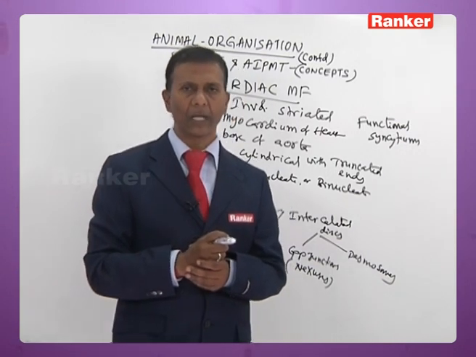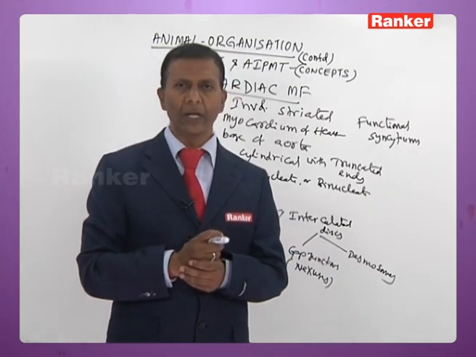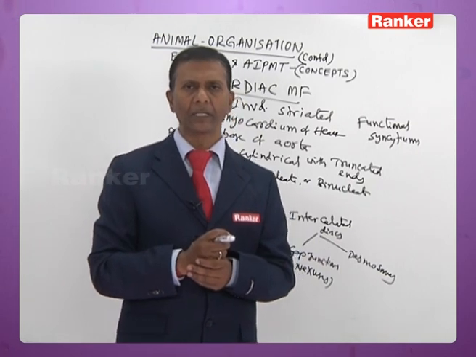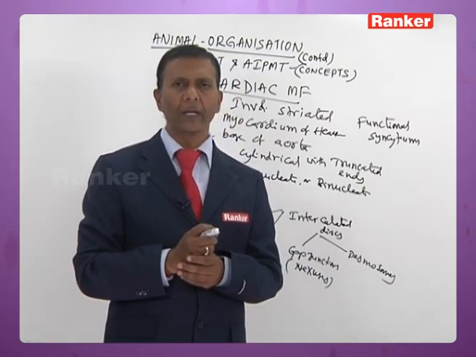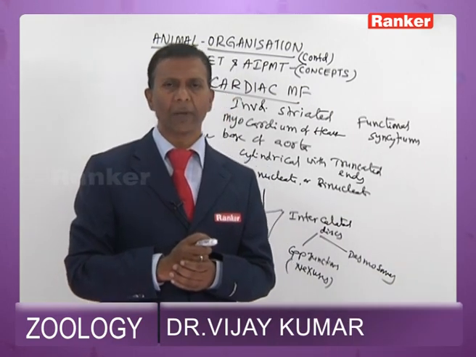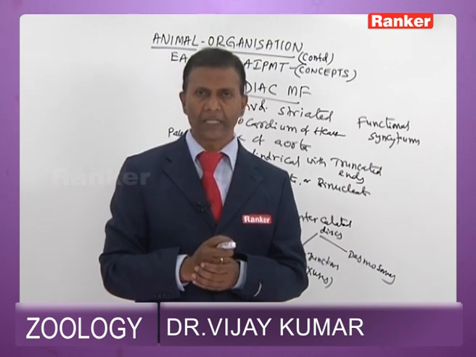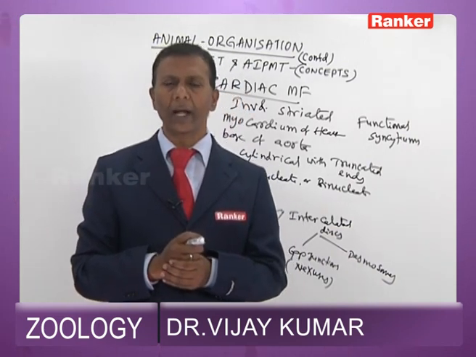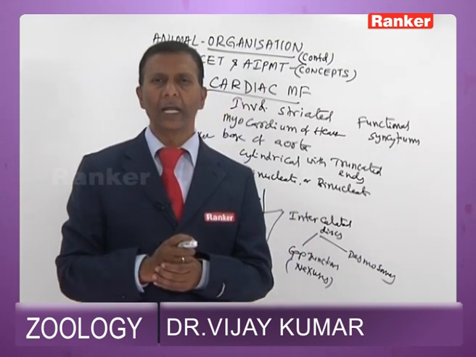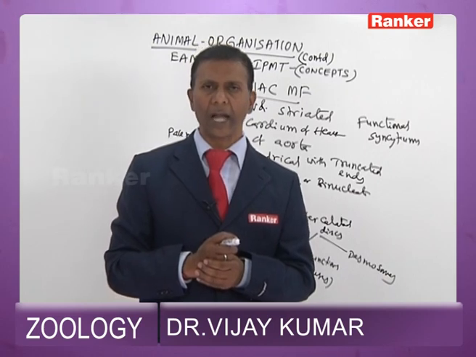The refractory period of cardiac muscle fibers is much longer than that of skeletal muscle fibers. As a result, the cardiac muscles do not undergo fatigue, because during the refractory period they replenish the entire energy that is lost during contraction.